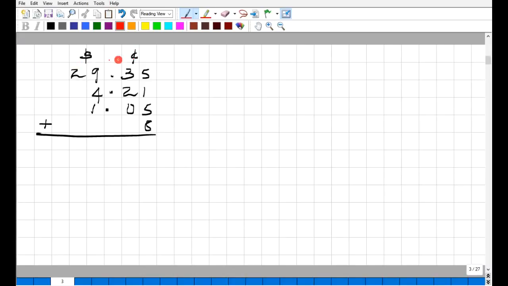Now we have a dollars and cents problem. So we're going to add $29.35 with $4.21 with $1.05 and 8 cents. We could put some placeholders here to fill this up so it's easier for us to see. But this is still 8 cents.